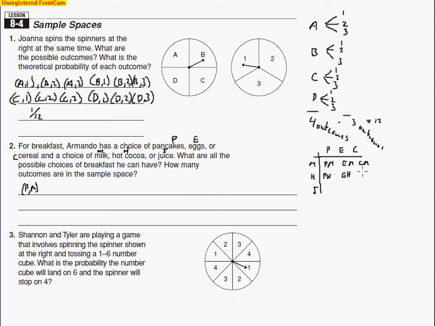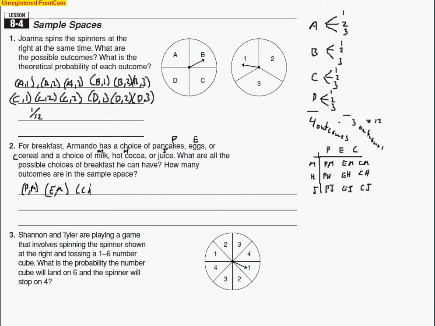And then CM. And then over here we'd have PH, EH. And then CH. And then over here we'd have PJ for the pancakes juice. EJ stands for eggs juice, or CJ stands for the cereal juice. Well, let's take a look at going ahead and writing those in there. We've got the same ones we had before, so just another way to set up that same type of chart.